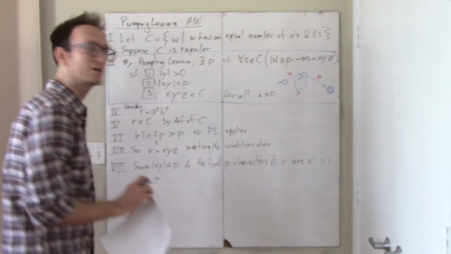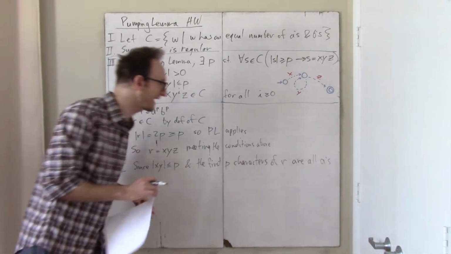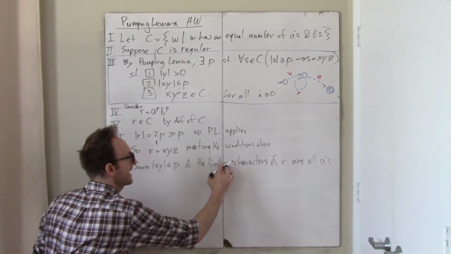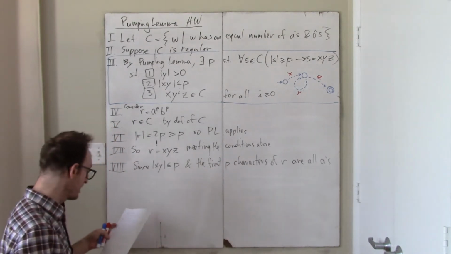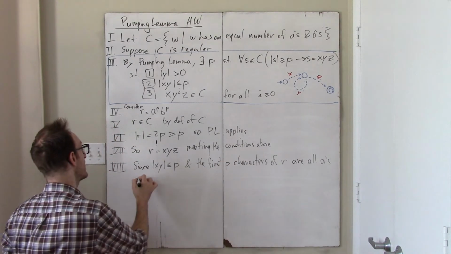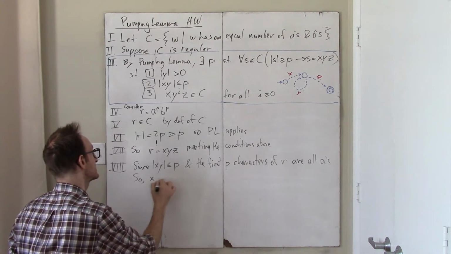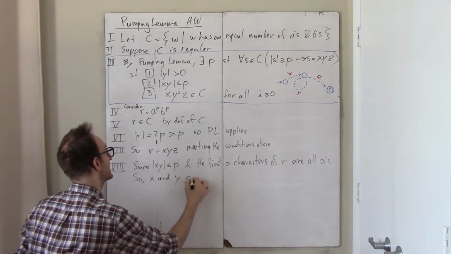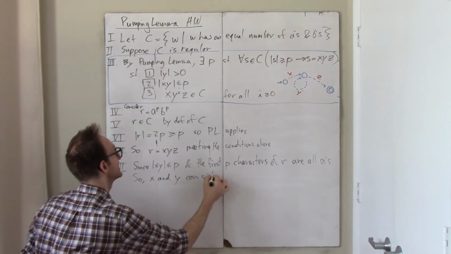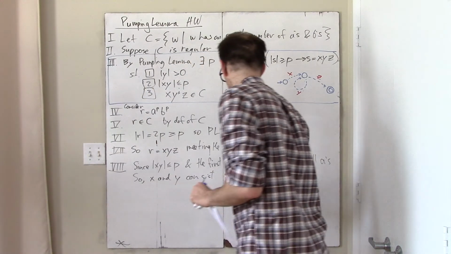It's confusing because this is a proof by contradiction, so none of this can actually happen, and we're going to see that now. So continuing this analysis, X and Y consist entirely of A's.